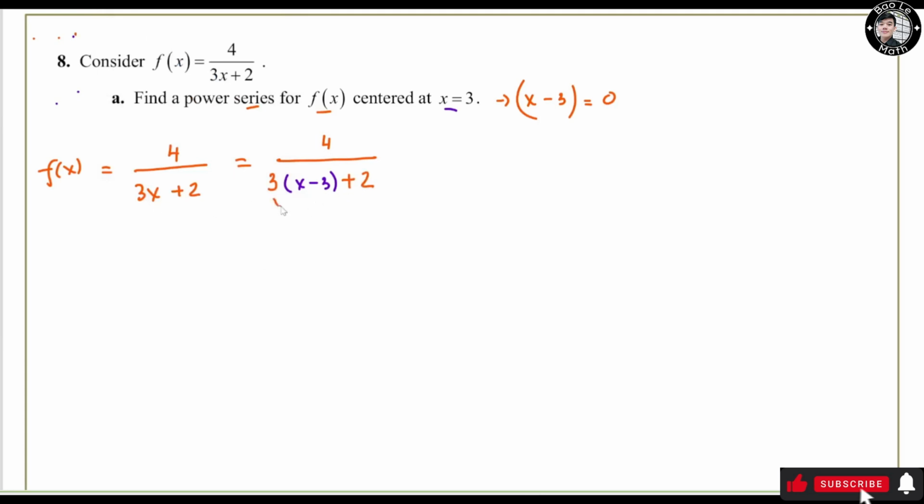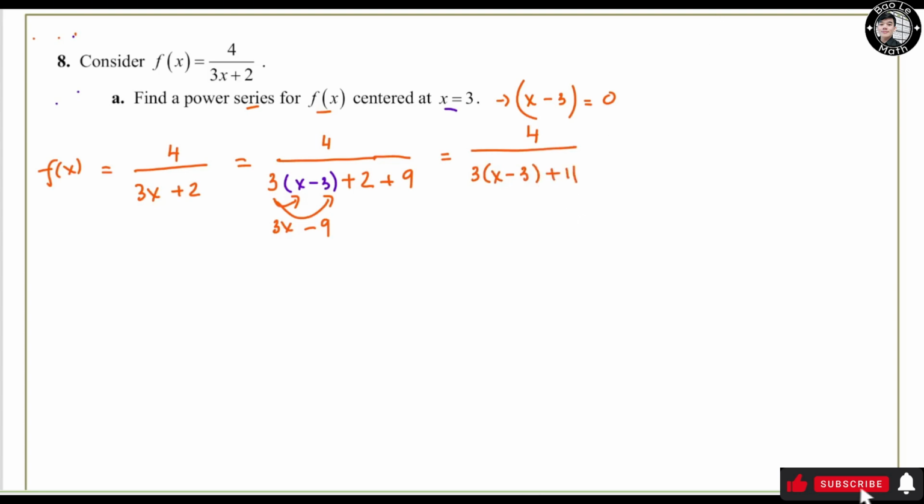Now I need to check that everything is unchanged. When I distribute, I have 3x and negative 9, so I literally subtract 9. I need to add 9 right here so everything remains unchanged. Keep that in mind. Now I simplify: it becomes 4 over 3 times (x minus 3) plus 11.